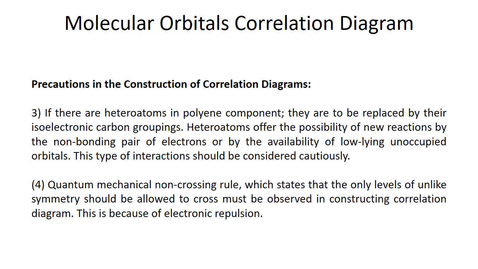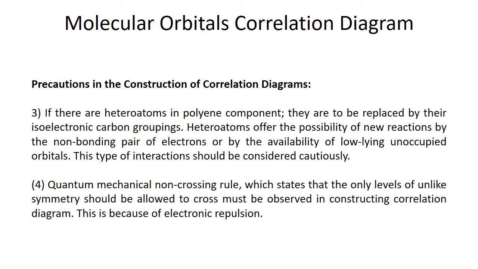So we have the availability of low-lying unoccupied orbitals. The electronic cloud and the lone pairs change the system entirely, and we have to take new factors into consideration. To avoid these complications, it's better to replace nitrogen by an isoelectronic carbon grouping.